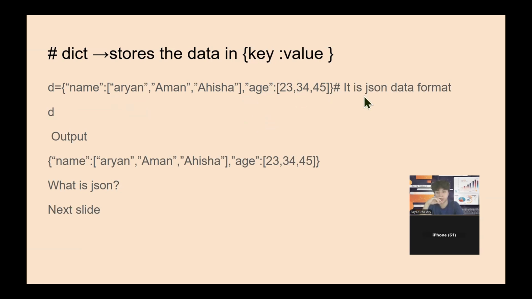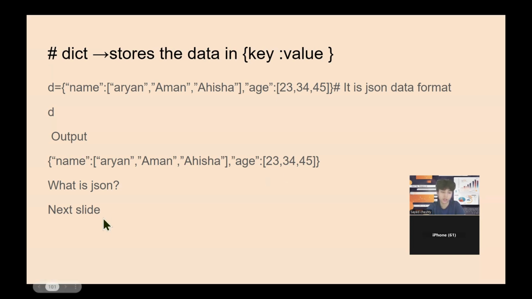So this is a JSON data format. Now how we print D is we put D. We can also do print D, but this is way better and more logical for a dictionary. So the output would be name is Aryan, Aman, and Aisha. Their age is 23 for Aryan, 34 for Aman, and 45 for Aisha.